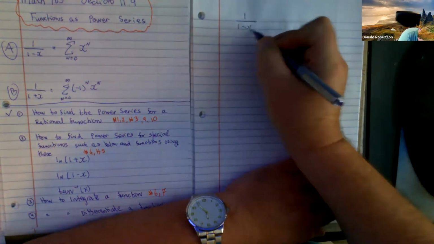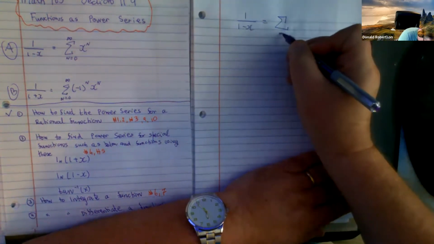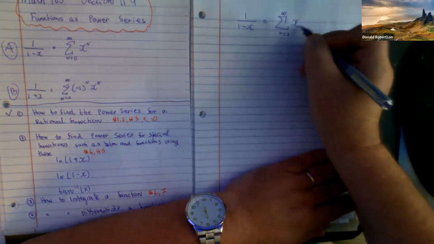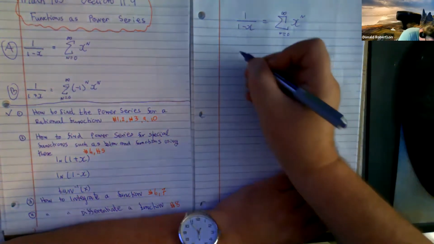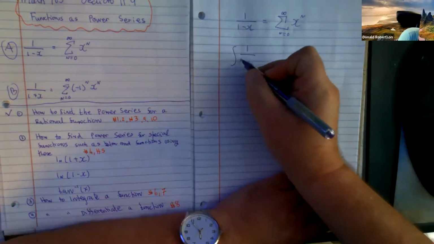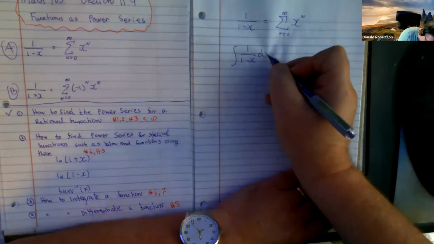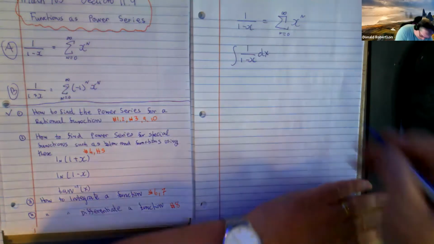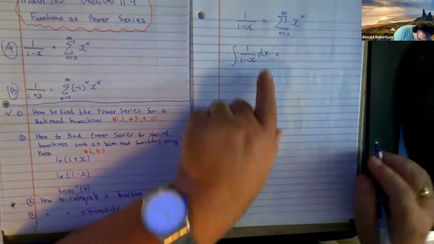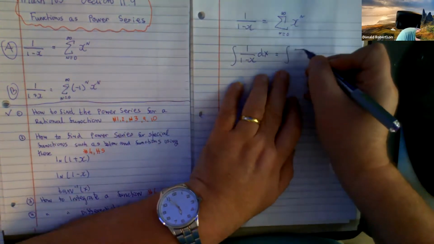Let me do that again. If you do 1 minus x, you're going to say, oh, that is formula A. There we go. So far, so good. Now, if I integrate 1 over 1 minus x, which I could do, if I integrate that function, I can also integrate its power series.